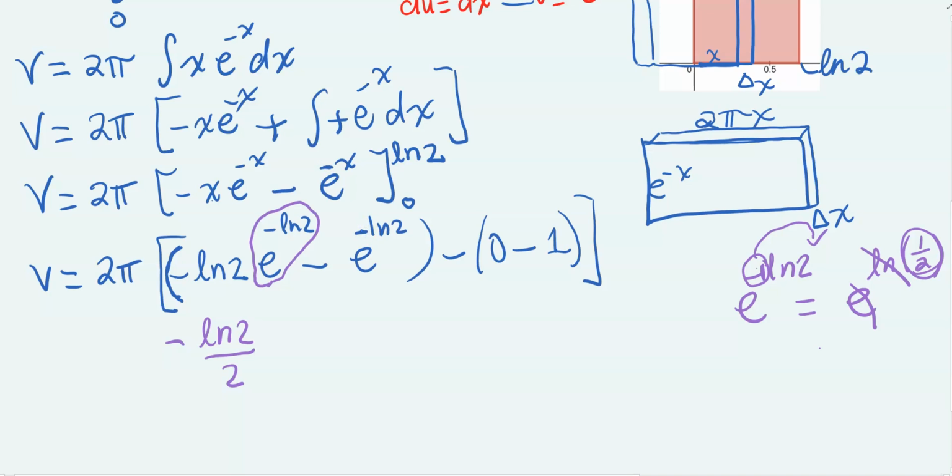Okay, so again, this right here is negative, minus 1/2 plus 1, and here is 2 pi in the front.